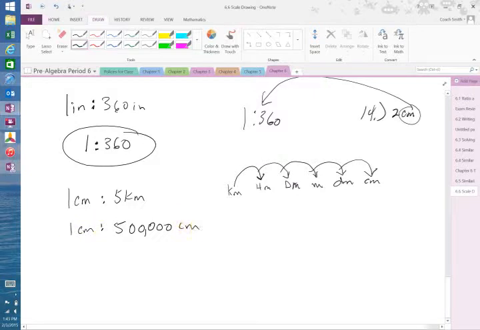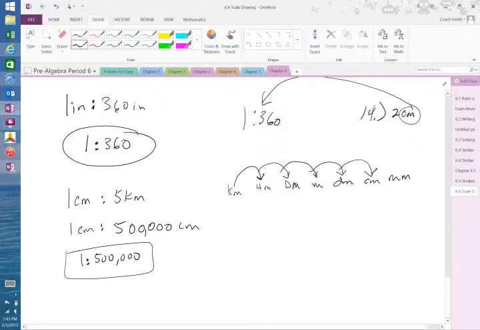One centimeter is equal to 500,000 centimeters, and that means 1 colon 500,000. Now the last one here is millimeters. If we went all the way back to millimeters, then it would be 6 zeros. Yes, this is your answer right here.